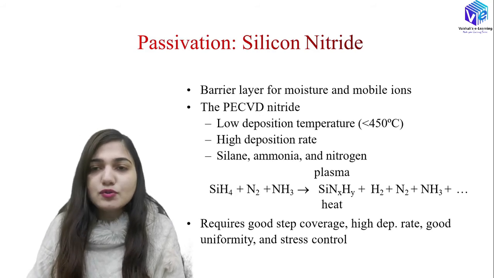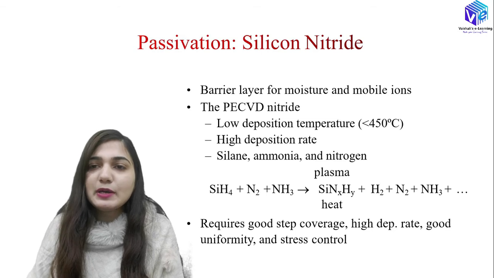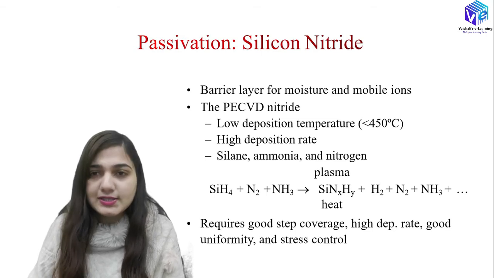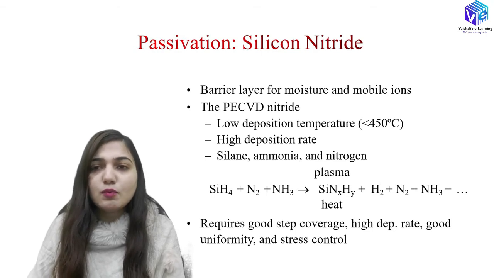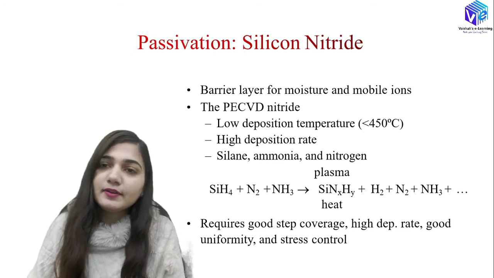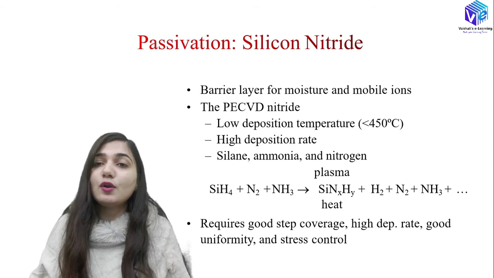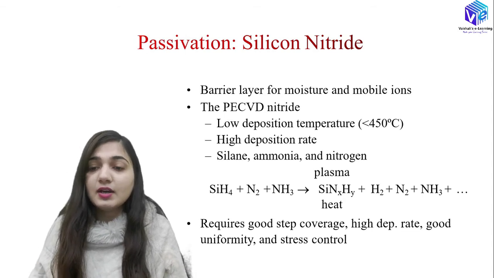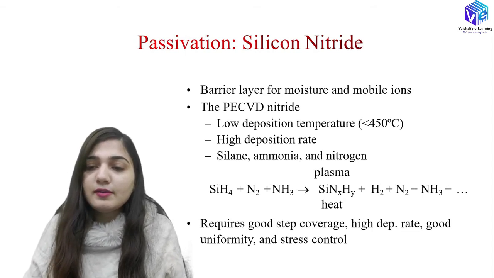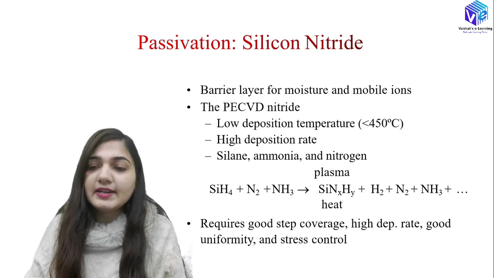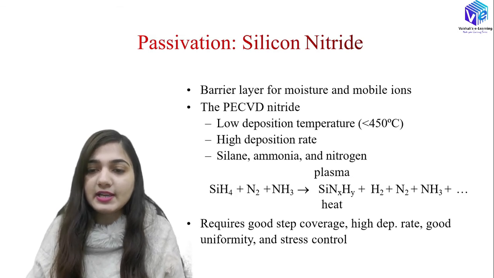But whenever I am using the nitride as a passivation layer, below that first we have to use the oxide layer. I am going to tell you what is the requirement of oxide. So whenever I am using nitride, below that always and always I am using the oxide layer. First of all, the PECVD nitride deposition is occurring at a low temperature which is lesser than 450 degrees Celsius.